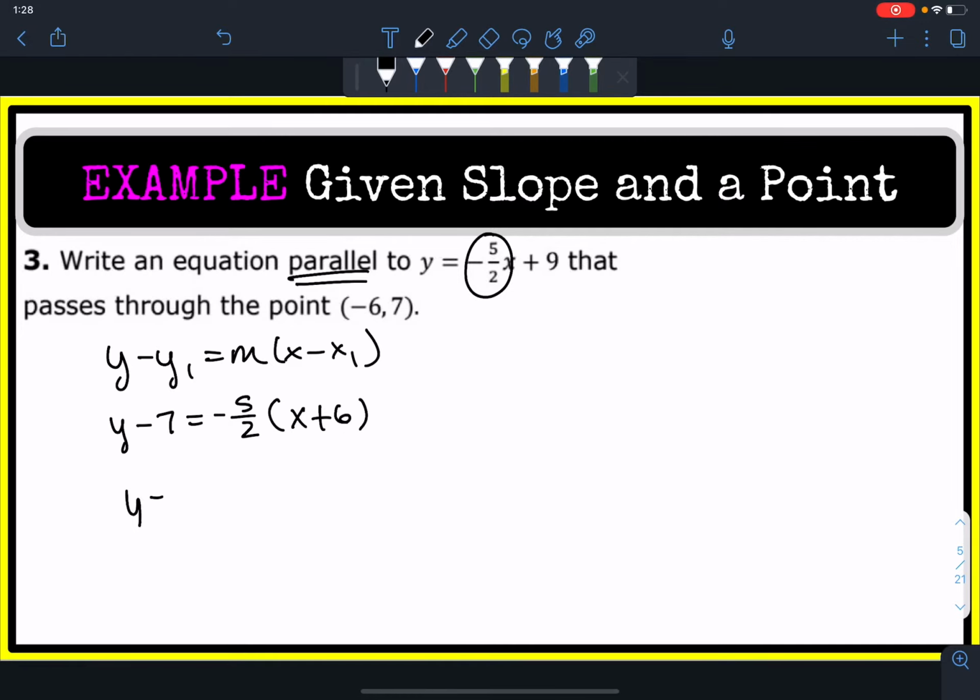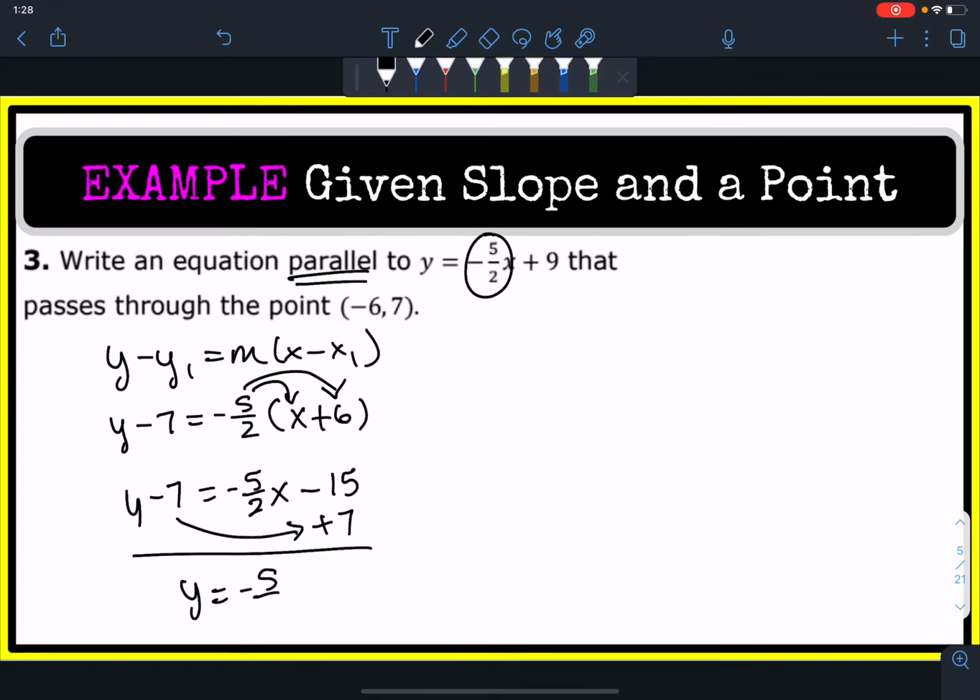I distribute, and we're going to get -15, and I'm going to add 7. So y is equal to -5/2 x minus 8. So that's the equation of our line.